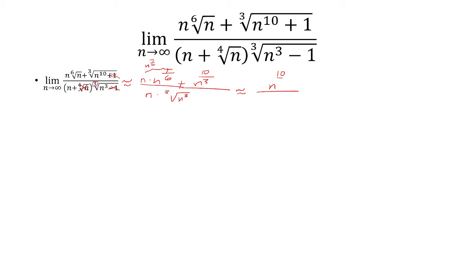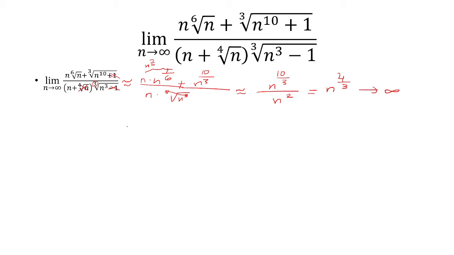Well, clearly n to the 10 thirds is bigger, so we'll keep that. And then the cube root of n cubed, these will cancel. So you're left with n times n, which is n squared. Now I subtract these and I get n to the 4 thirds. And we expect this to go to infinity as n goes to infinity. So just by doing this little exercise, I see that the limit's probably going to go to infinity.